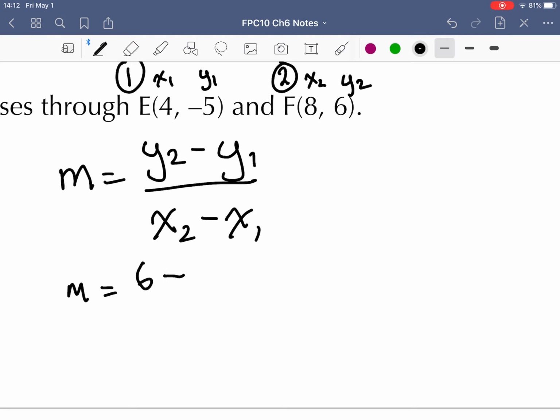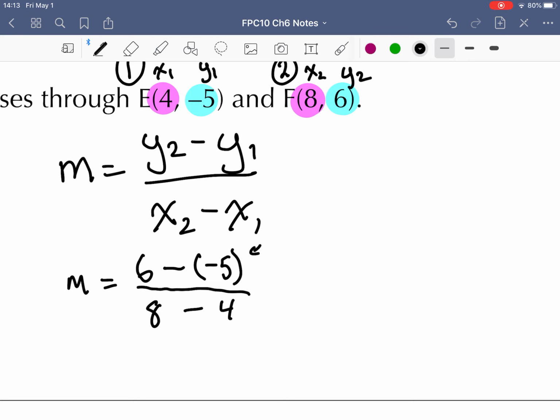All right, let's fill in what we know. So it's 6 subtract negative 5, y2 minus y1, all over x2 minus x1, 8 subtract 4.